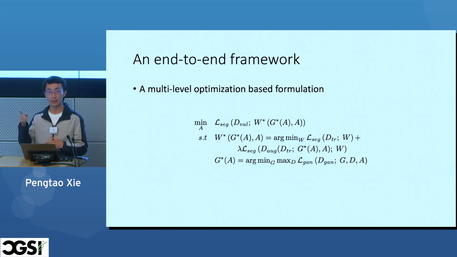It's in a loop. The 3 stages are mutually dependent on each other. By solving these 3 problems together, we can do end-to-end learning of the semantic segmentation and also the data augmentation, to make sure the augmented data is specifically useful for improving the segmentation model.